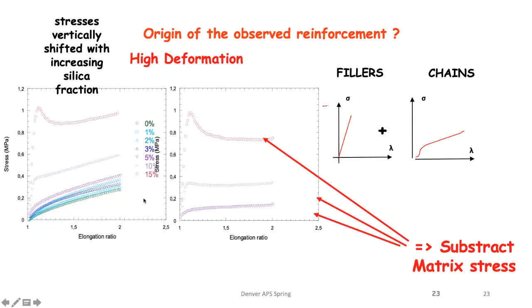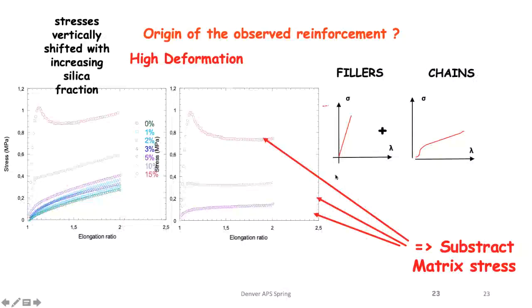And so if you subtract the stress strain curve of the matrix from the other stress strain curve, you obtain some rather flat contribution, which you can attribute to the formation of the clusters, the organization of the filler.